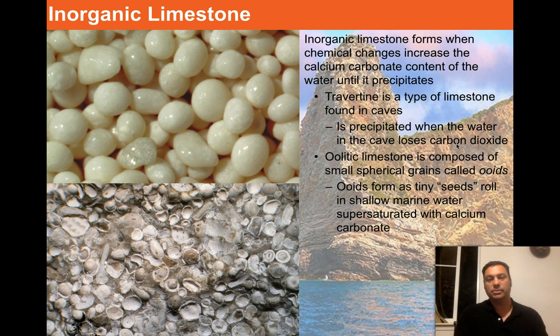Oolitic limestone is composed of small spheroidal grains called ooids. And ooids form as tiny seeds, roll in shallow marine water, supersaturated with calcium carbonate. So these are not shells. These might have originally just been a little sand grain right here in the middle, and it's just moving back and forth inside of the currents.